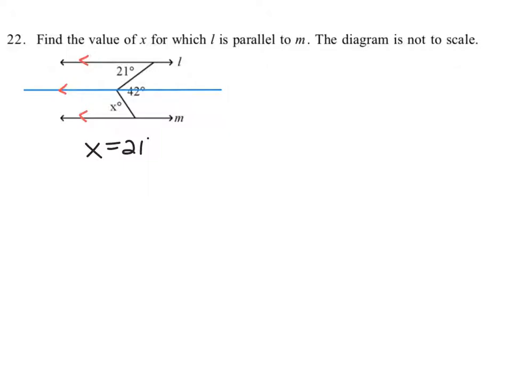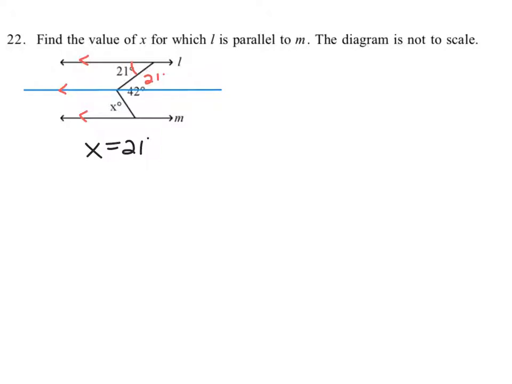If I've made that line so that this blue line is parallel to this line, then we know alternate interior angles are congruent. So if this one is 21 here, then this one is also 21 there.